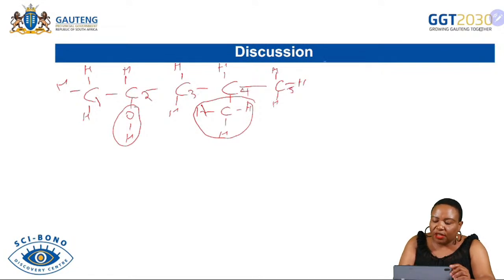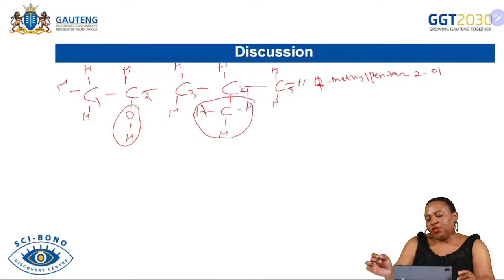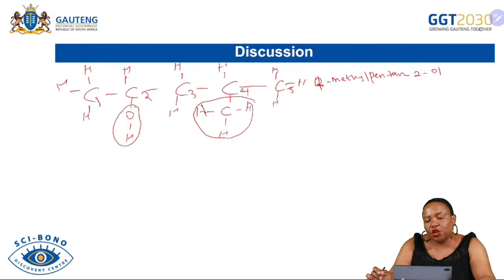So the name of this alcohol is going to be 4-methylpentan-2-ol. So this is 4 methyl pentan-2-ol.